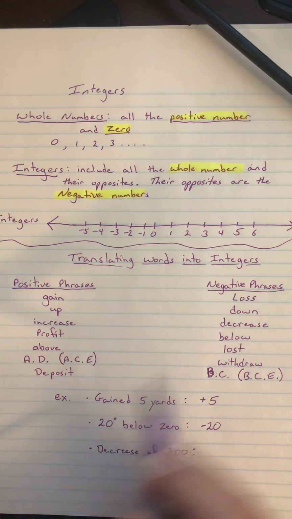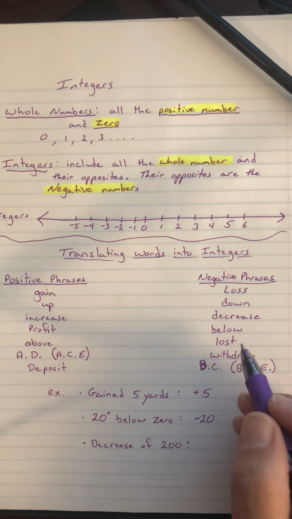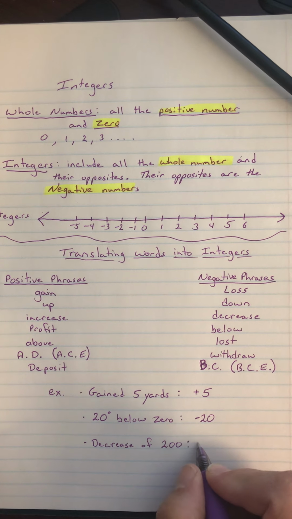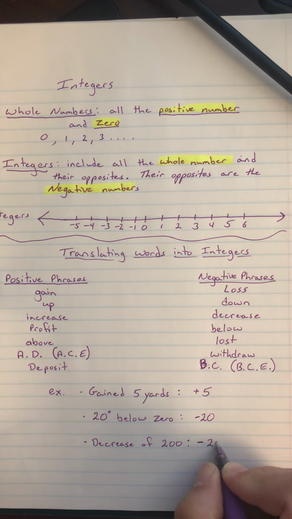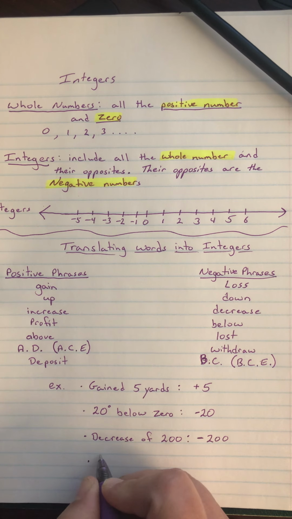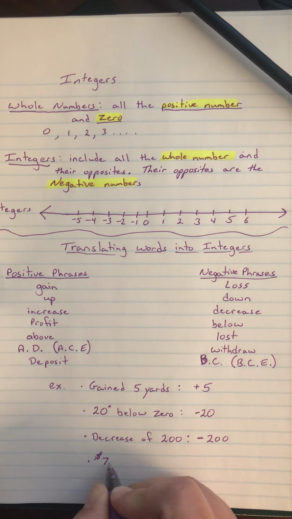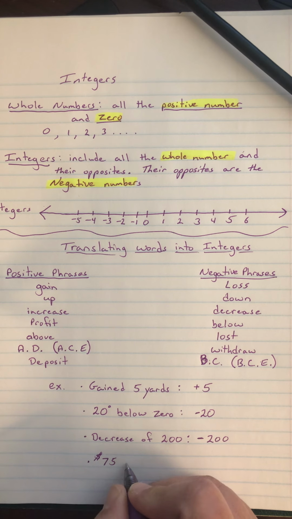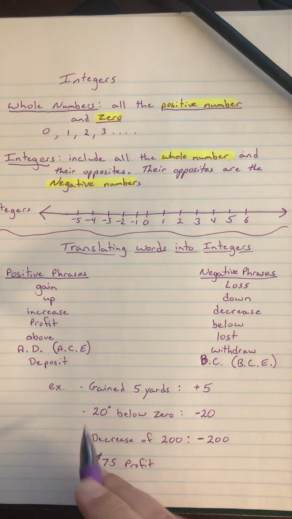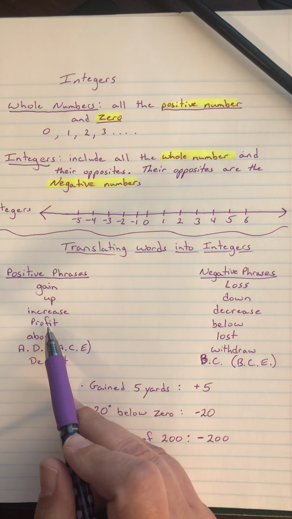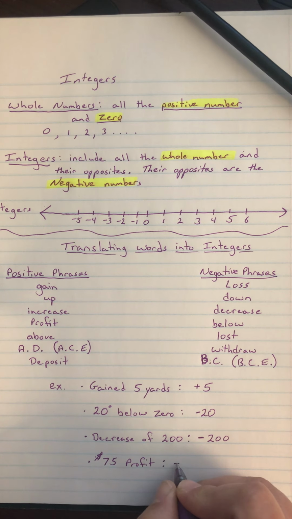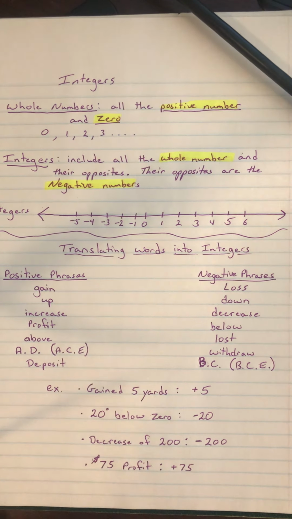Again, we have decrease. We can look through our list if we need the helpful hints. There's that word decrease. It is a negative phrase, so I have negative, and the number is 200. And if you have a $75 profit, profit is over here. That's a great thing to have as a profit. You're making money. That's a positive thing, so it's a positive 75.